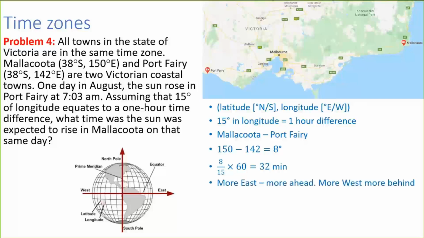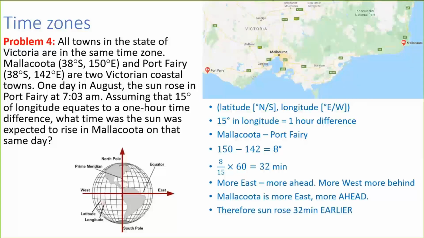Now, you have to remember that the more east a town is, the more ahead it is in time, and the more west, the more behind. Therefore, Mallacoota will have its sunrise earlier than Port Fairy, because it's more east and therefore more ahead.